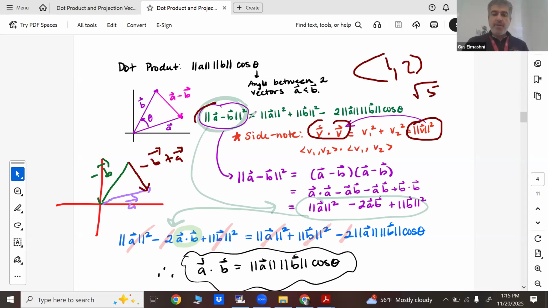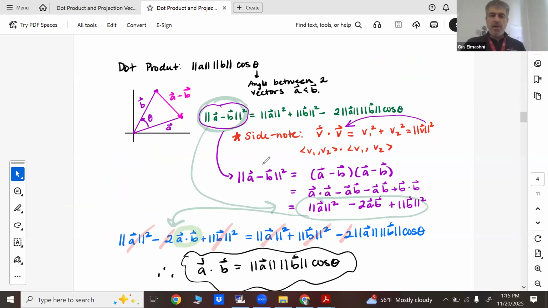So this right here is essentially dotting it with itself. Now, when you dot vectors in this manner, like A minus B dot A minus B, it's kind of like a foiling process. You do A dot A, negative A dot B, negative A dot B, and plus B dot B. A dot A is that, B dot B is that, and of course you've got two of these. So all in all, this right here is that.